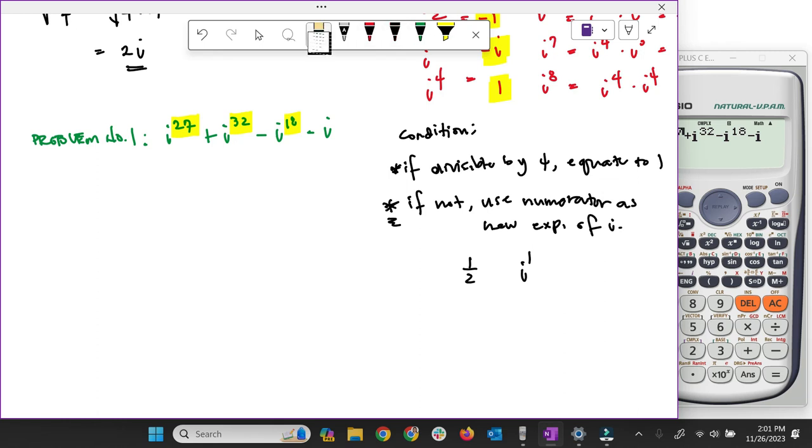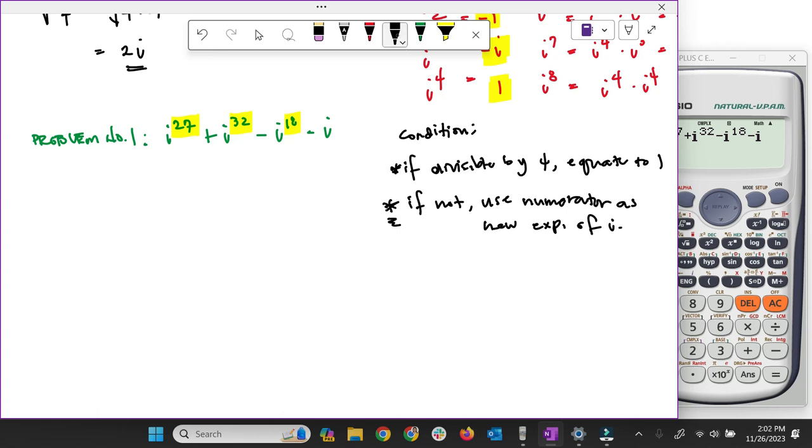Palitan mo lang ng exponent kung saan ang denominator niya would be 4, pero still equal to 1/2. 1/2 is also equal to 2 over 4. So nasatisfy yung ating second condition, kasi 4 yung denominator. With that, our new exponent of i will be 2.